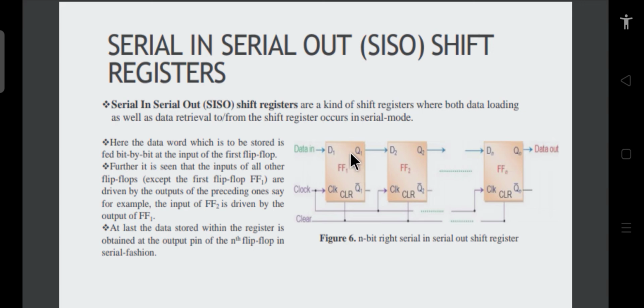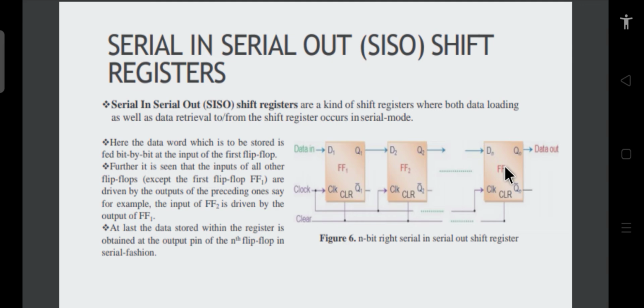In this case also, the data input is at the extreme left, and the data output is coming from the extreme right. With the appearance of every clock pulse, the data is shifting from the left flip flop to the right flip flop.